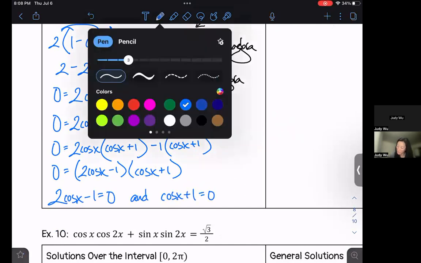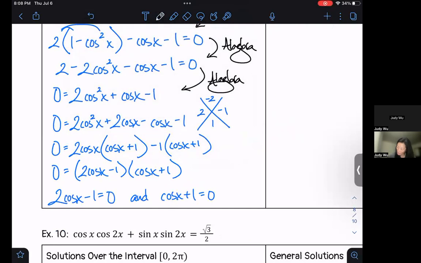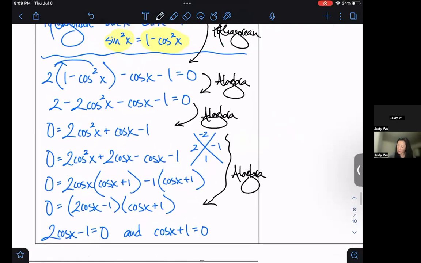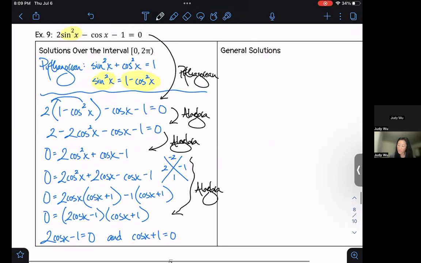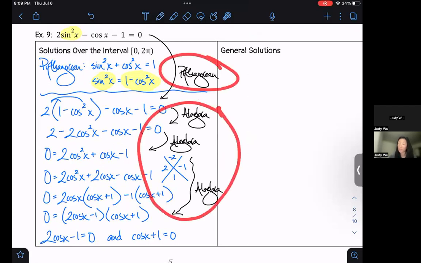Okay. Now I should go back and annotate this. This is actually all algebra. Now, I think what makes this particular problem so hard is that, sure, we use the trig, but then we have a lot of algebra that we need to learn.